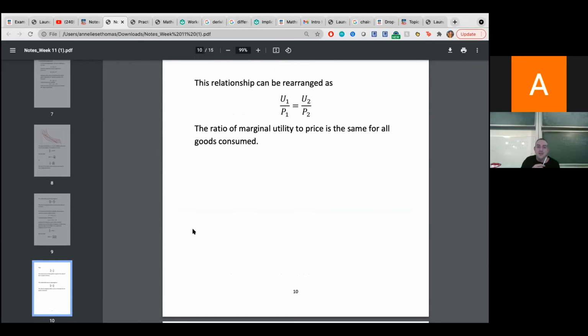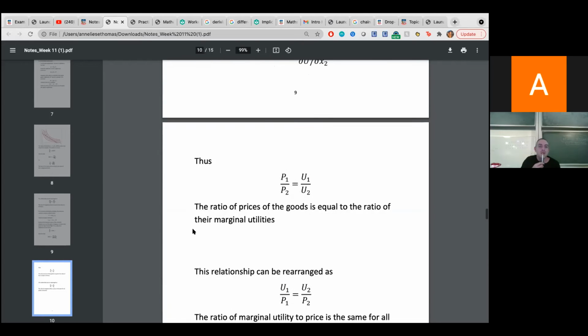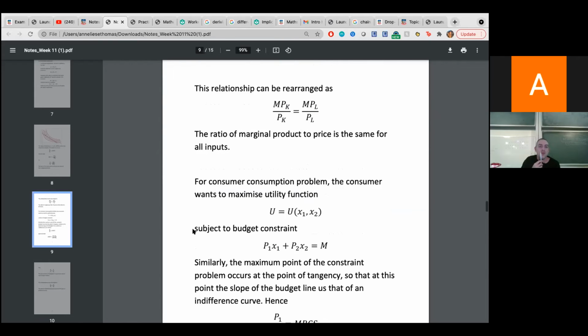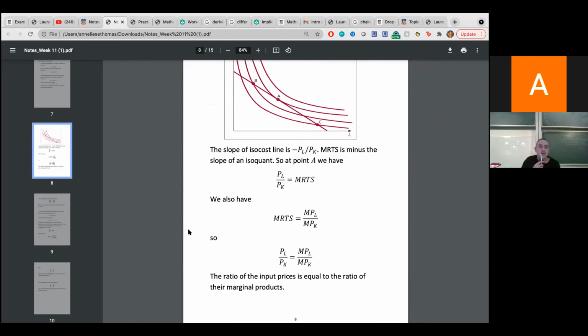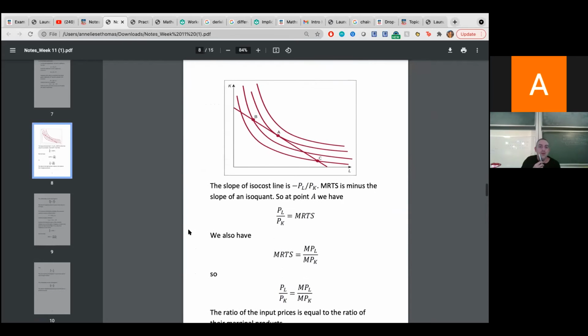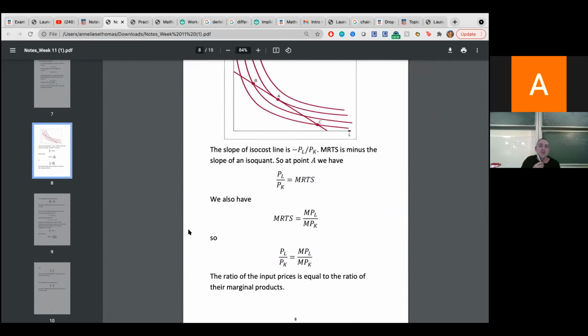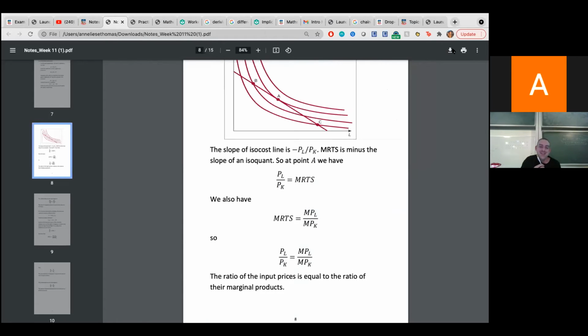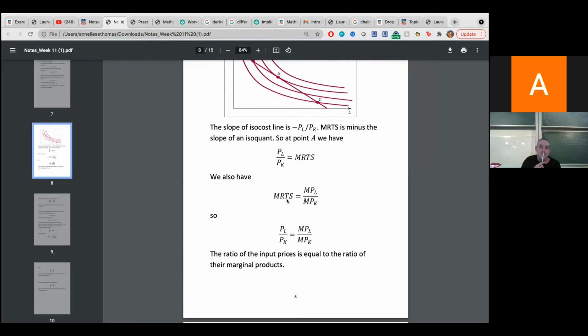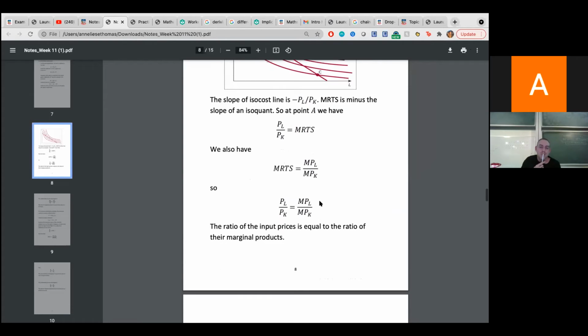Oh, and that's now something new. Okay. What happens before this? Oh, is the marginal rate of what's TS? Technical substitution? I don't know. Yeah, that's the marginal rate of technical substitution.